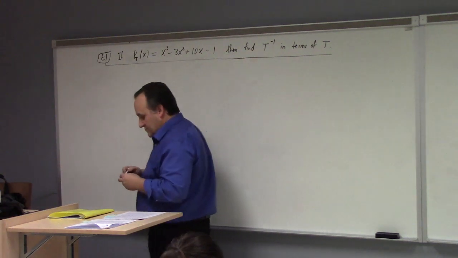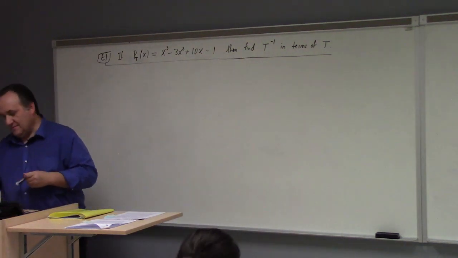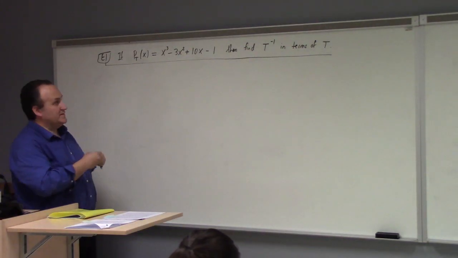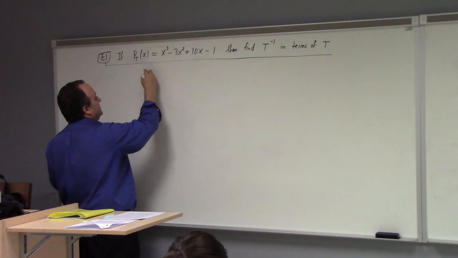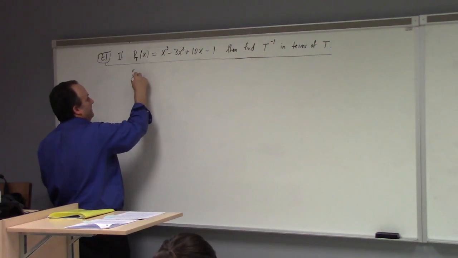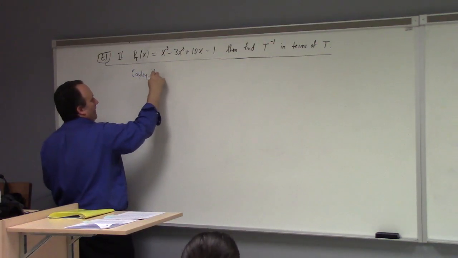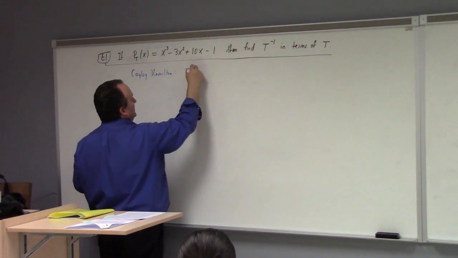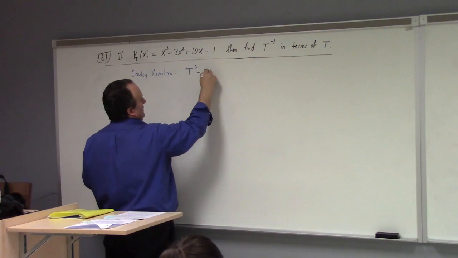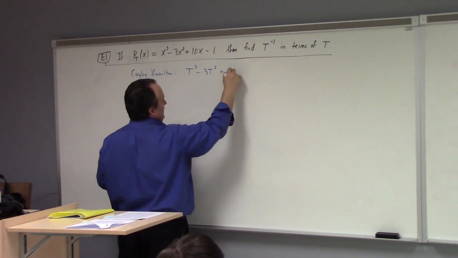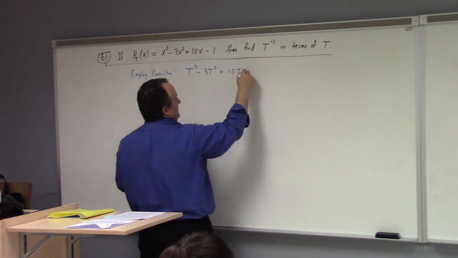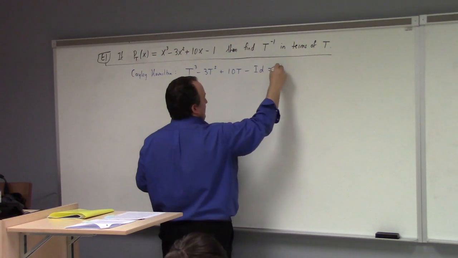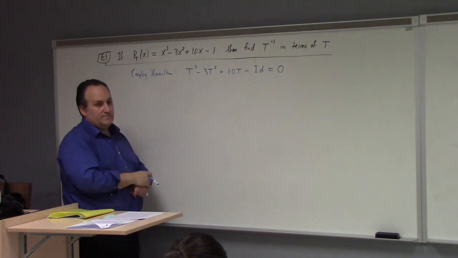Because what does the Cayley-Hamilton theorem say? So if this is the characteristic polynomial, Cayley-Hamilton says that if I plug in T, I have T cubed minus 3T squared plus 10T minus the identity transformation is equal to the zero transformation, right?